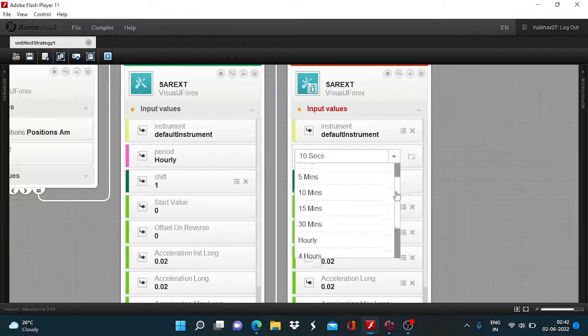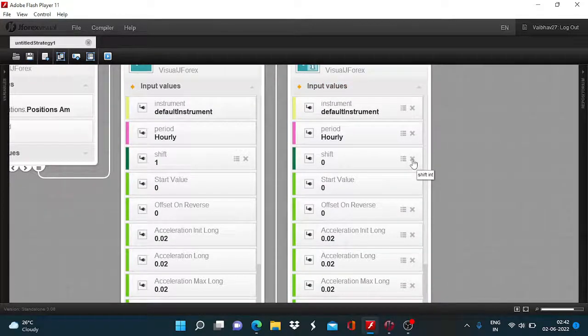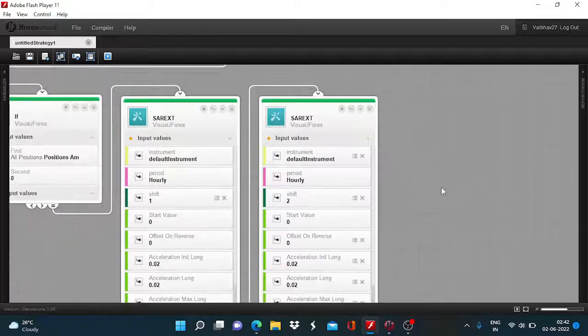Candle period of hourly and look back period of 1. No, not 1, 2. All right.